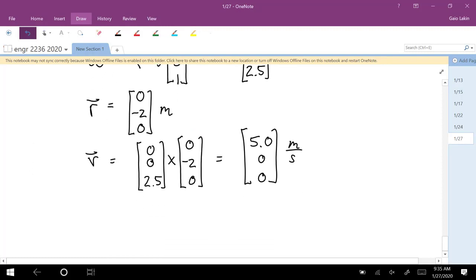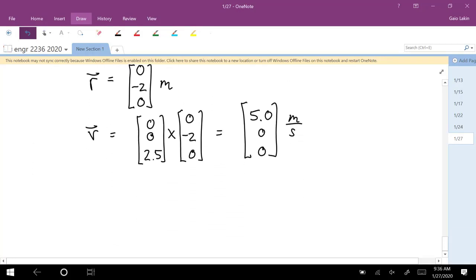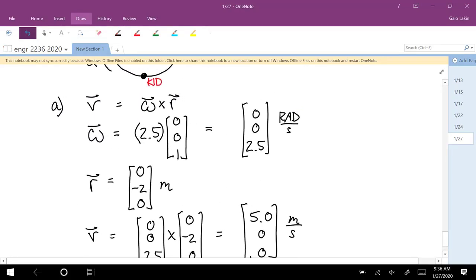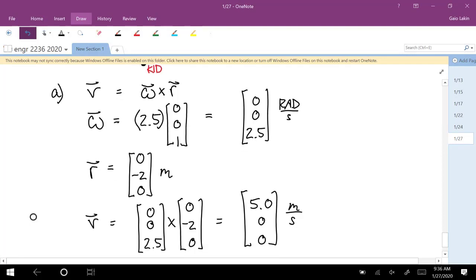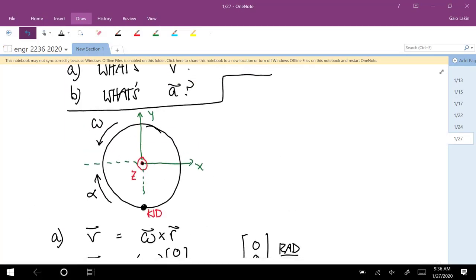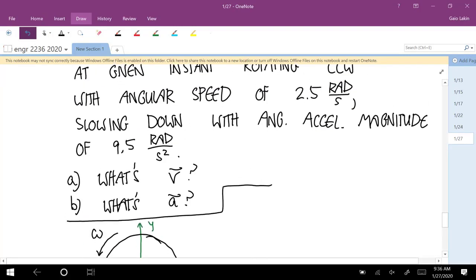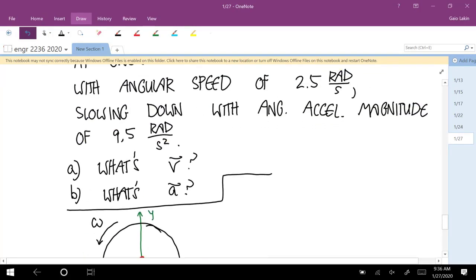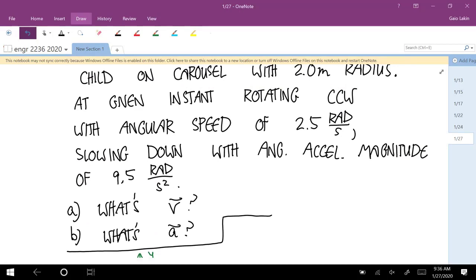Okay, so now let's calculate the acceleration. Well, we have the angular velocity already. We need to come up with the angular acceleration. We're told that the magnitude of the angular acceleration is 9.5 radians per second squared.